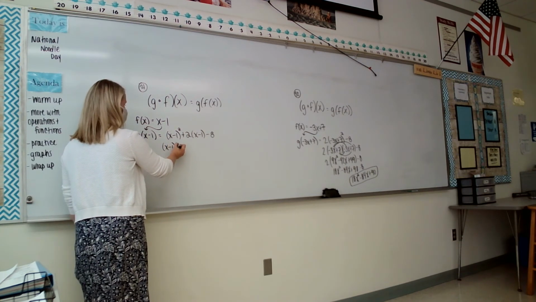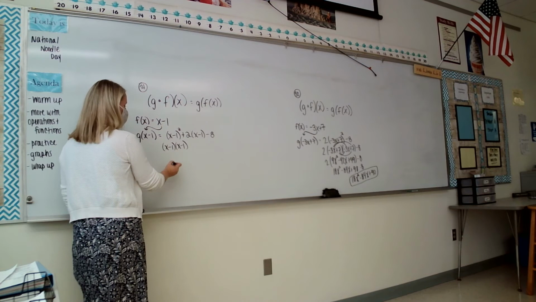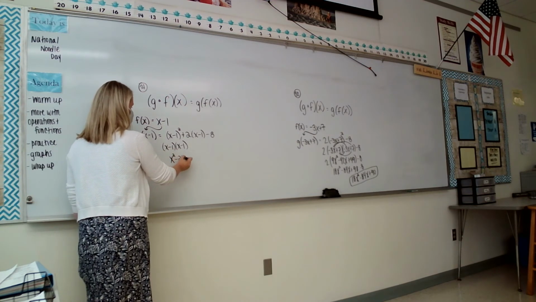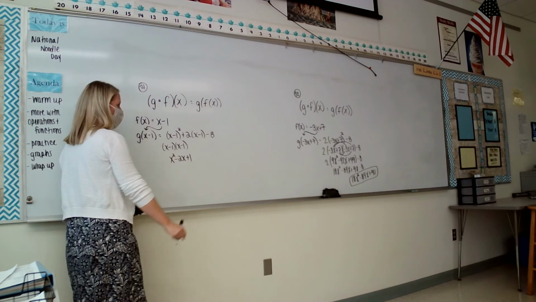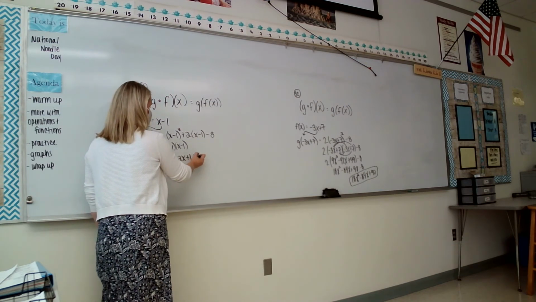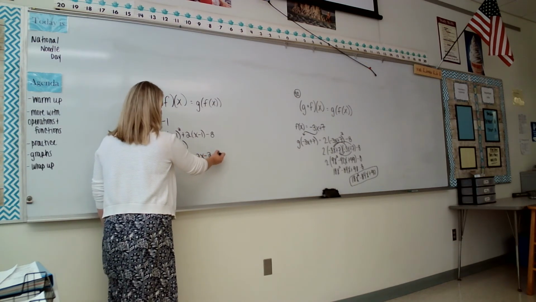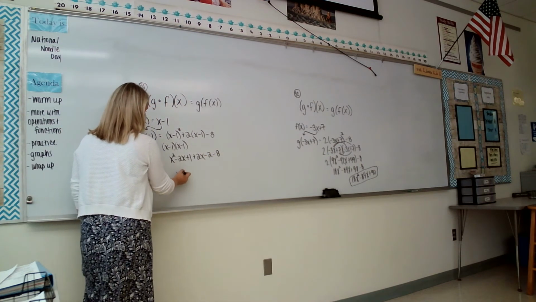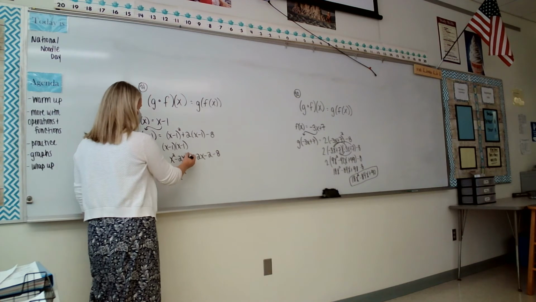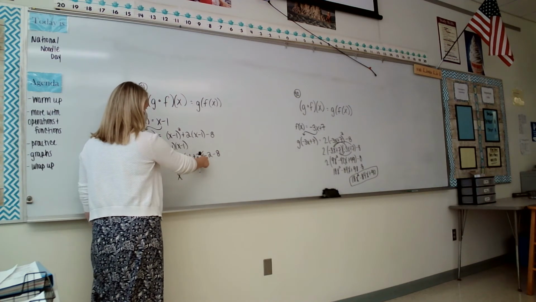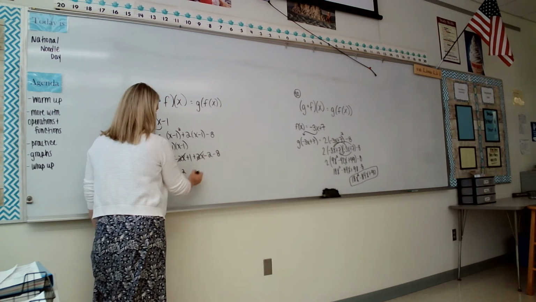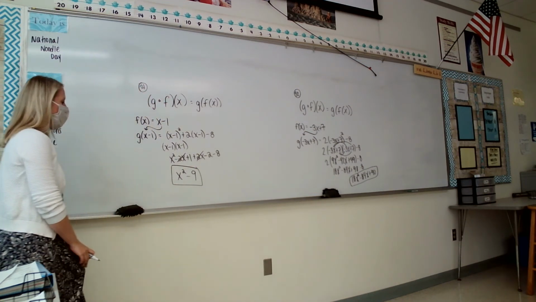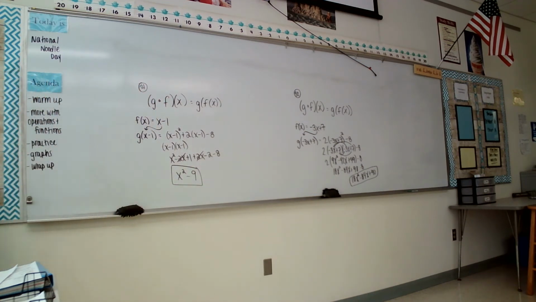Remember that means you multiply that x minus 1 times itself. That will give you x squared minus 2x plus 1. I can distribute into here, and then we have that minus 8. Once your terms are combined, those would just cancel. 1 minus 1 is 0, and 1 minus 8 is negative 9. Your final answer, once there's nothing left to do, should be x squared minus 9.